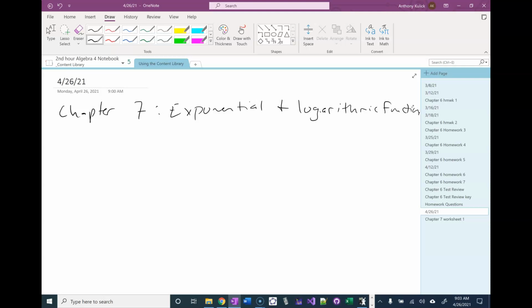We're going to spend the first half of the chapter talking about exponentials, and the second half talking about logarithmics, and then we'll put them together at the end when we talk about solving, because we need the one function to solve the other function type, basically. And you'll see why. But for right now, today, we're going to just talk about graphing exponential functions.